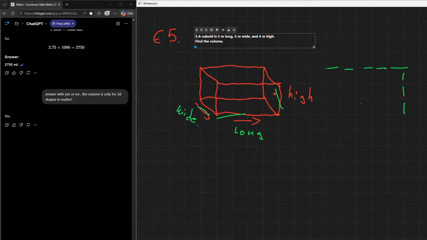It's weird to draw it and say, okay, maybe it's this, maybe it's not. Alright. 5 meters long. So it's going to be 5 times 3 times 4.